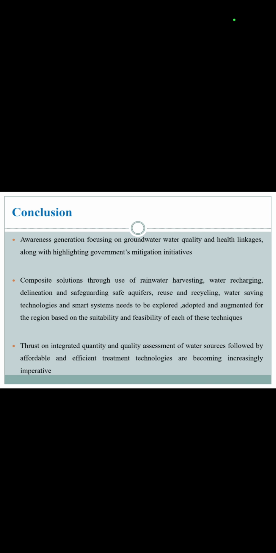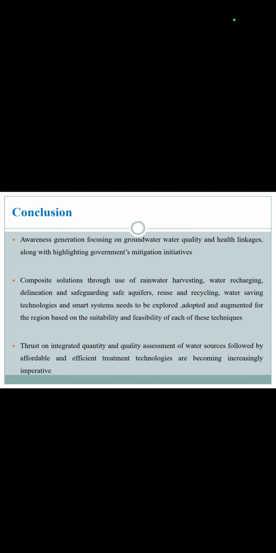And in conclusion, awareness generation focusing on groundwater quality and health linkages, along with highlighting the government's mitigation initiatives, would be vital, specifically in areas prone to contamination by geogenic sources, as I have shown with the different states across India affected by arsenic and fluoride contaminated groundwater. It's important that initiatives for alternate sources are spread across communities so that people don't consume contaminated water.